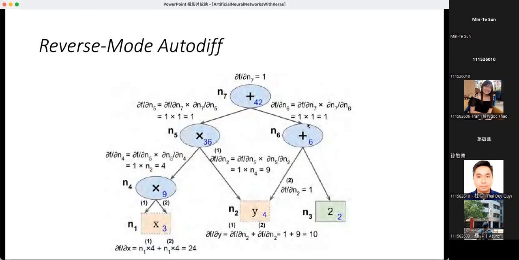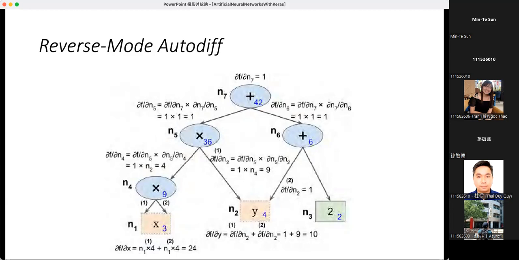This one, Y plus 2, we call it N6. And the root, we call it N7. So far, so good, right? We just give a name to each node, that's it. After this naming, N7 is the same as function f, because the root is function f. N1 is pretty much x and N2 is pretty much y. I hope it's easy to understand.